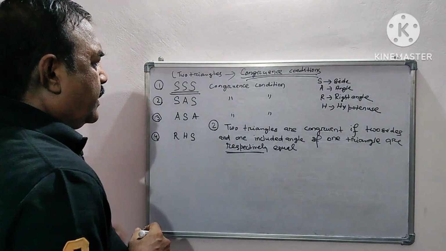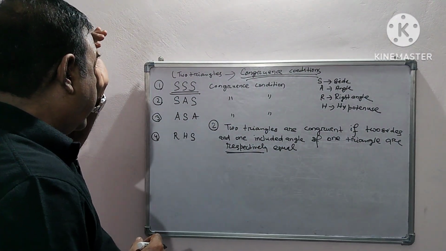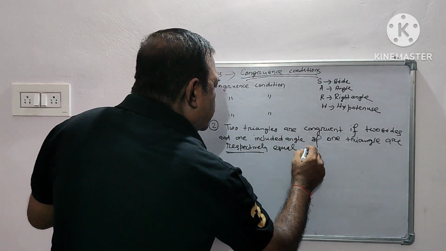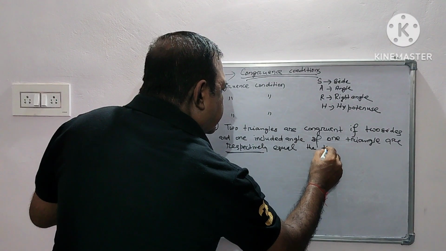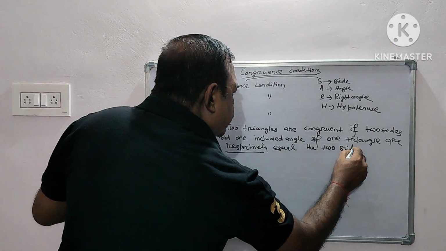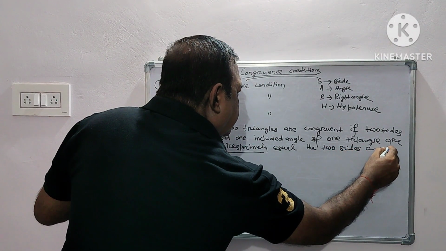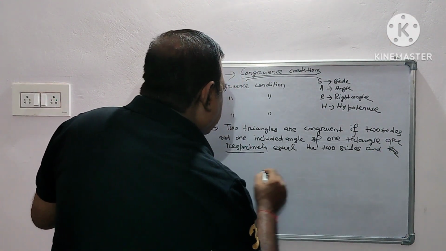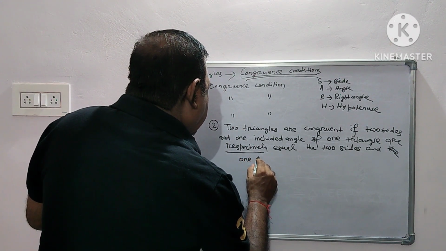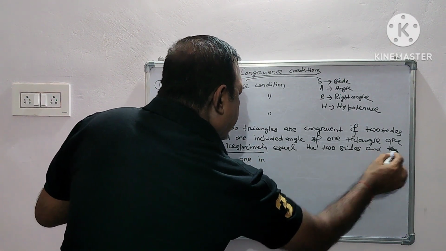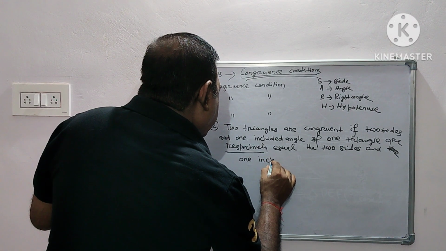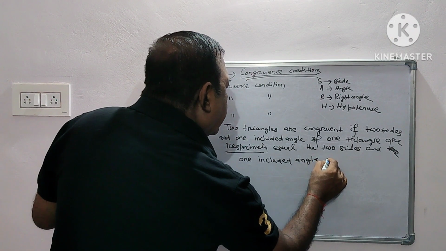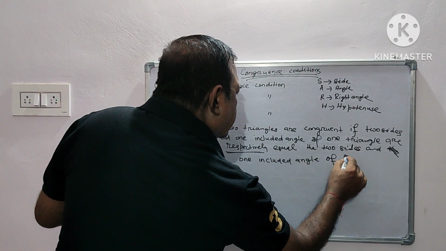Two triangles are congruent if two sides and one included angle of one triangle are respectively equal to the two sides and one included angle of the other triangle.